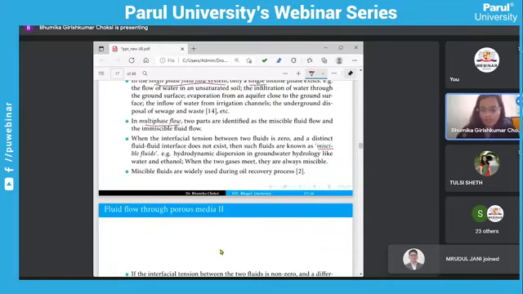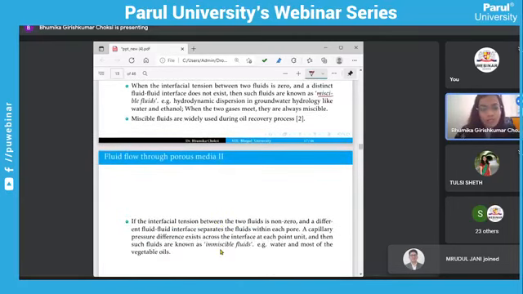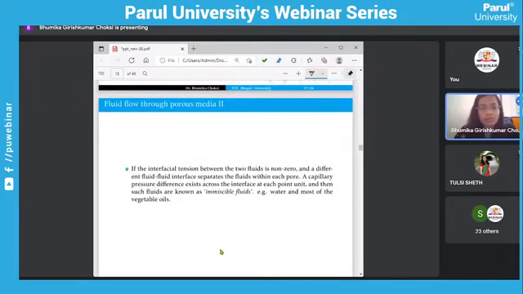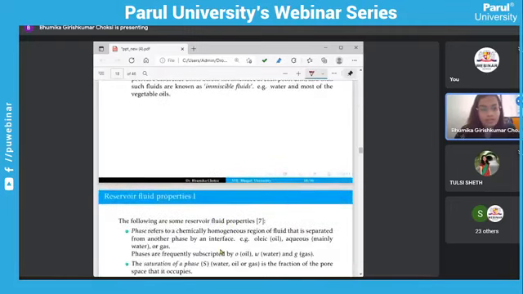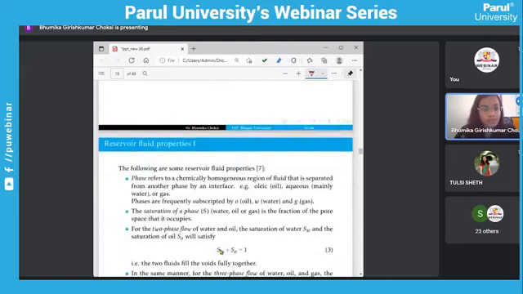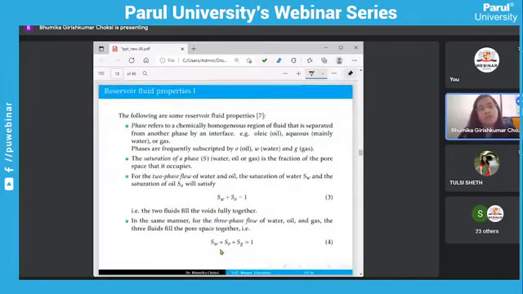And immiscible means they have different viscosity and different capillary pressure. We'll explain what capillary pressure is also. So this is the basic of flow through porous media, and I need this also for my mathematical modeling.